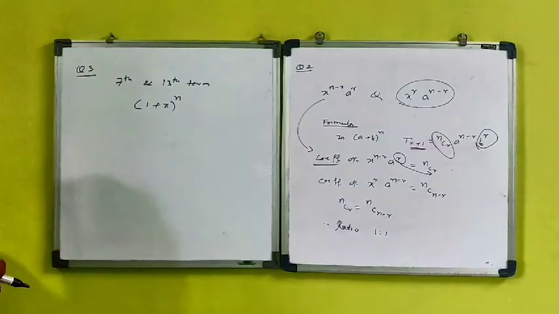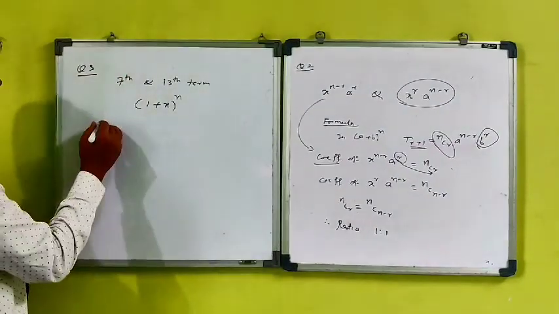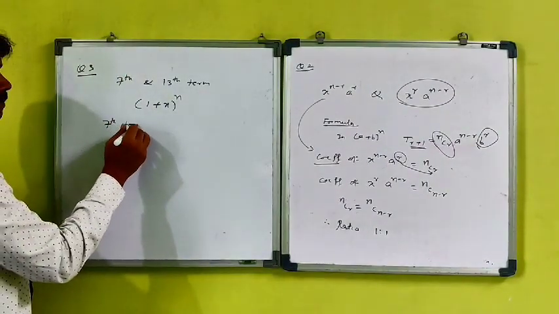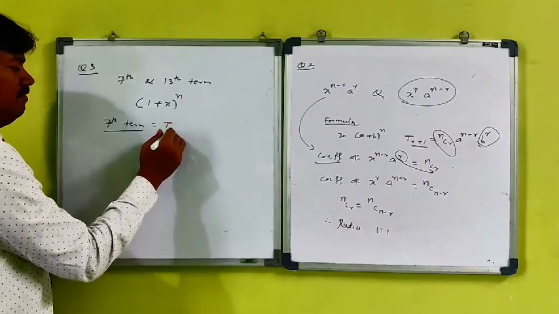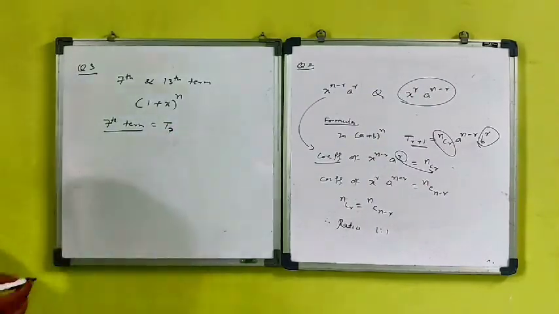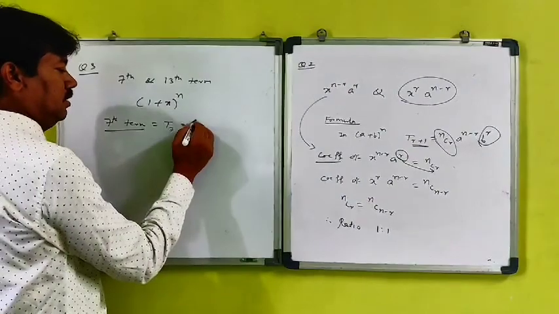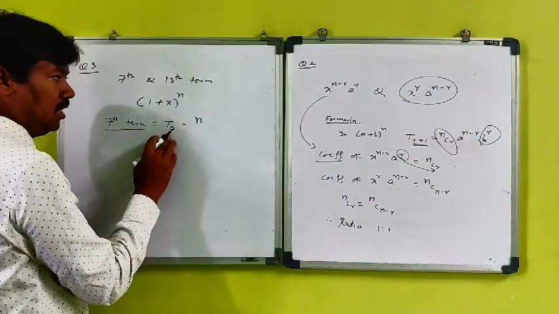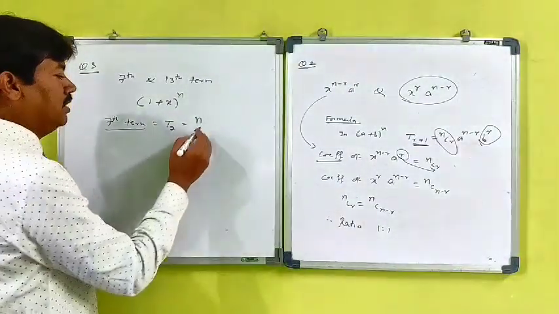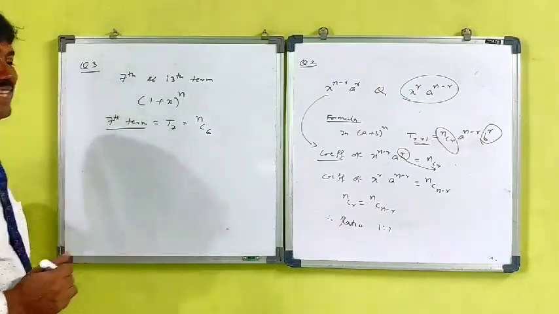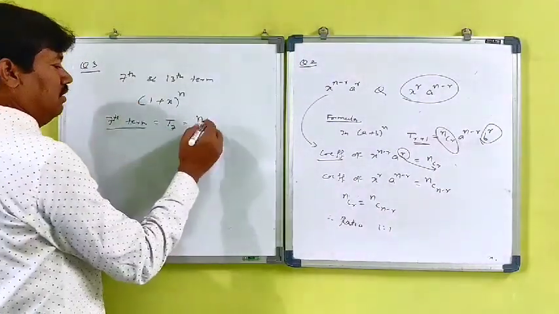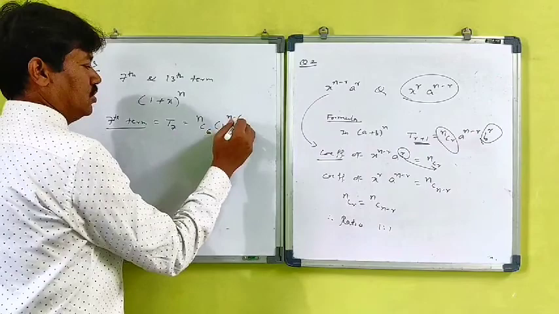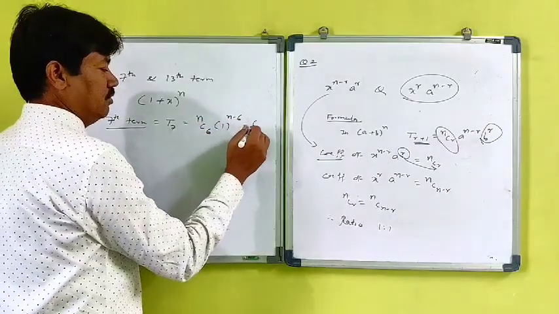Here, what is the 7th term? T7 is given by, since r plus 1 is the value, nC6, first term 1 raised to n minus 6, second term x raised to 6.